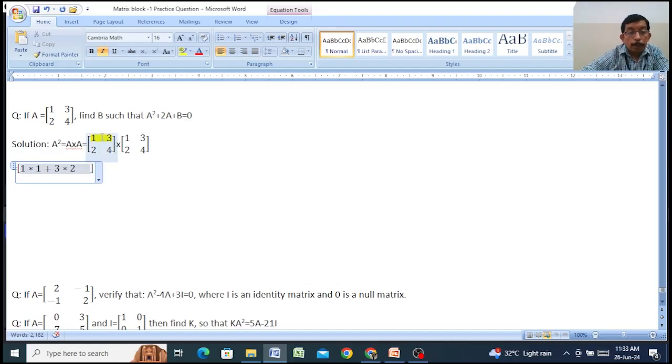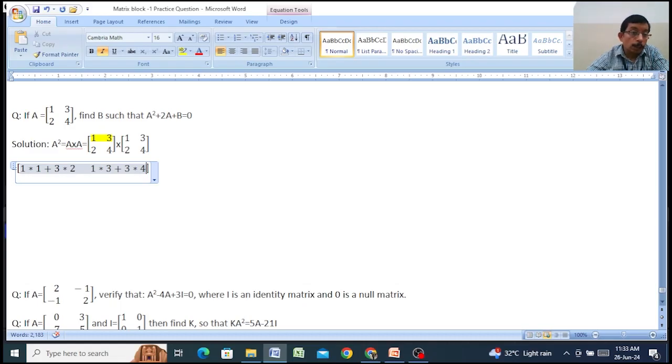First row first element is 1, second element 3. Corresponding element multiplication, then addition. So first element 1 multiplied by 3 plus 3 multiplied by 4. The second column multiplication is complete, no more columns.